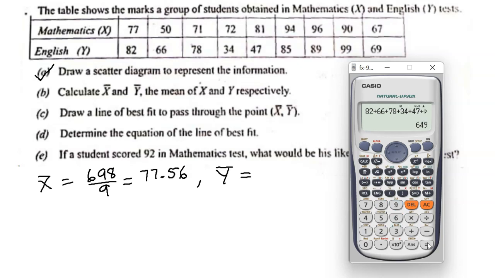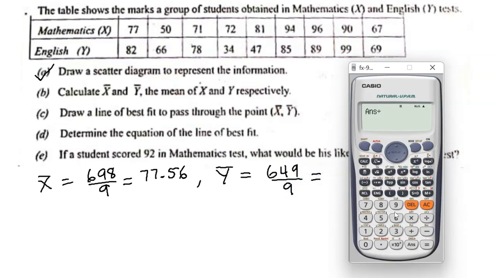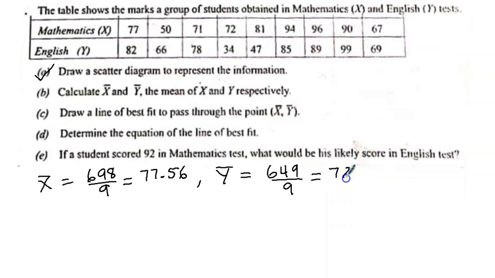We got 649. 649 divided by 9 gives us 72.11. So later on we are going to plot it on the diagram, but before then let's look at C.